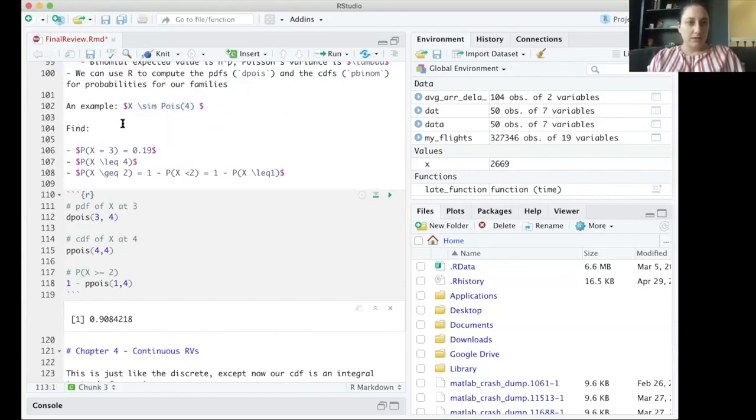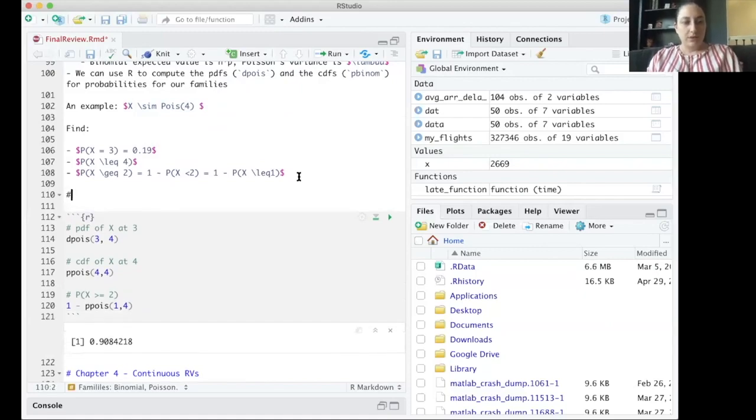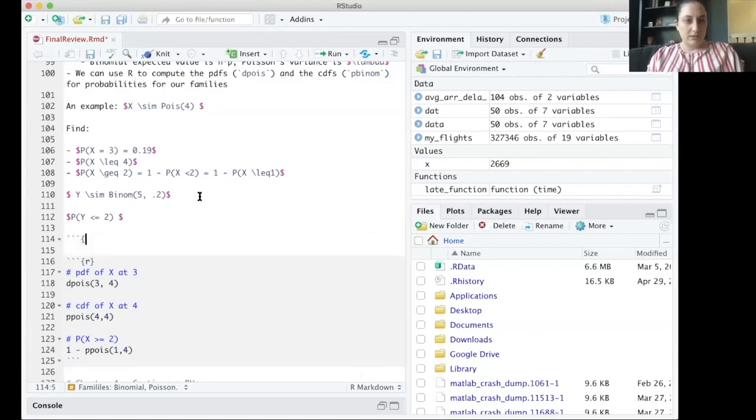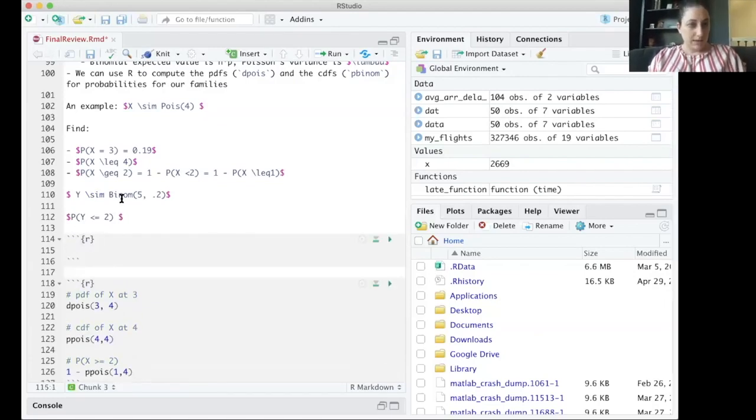Right, so this is just the example for Poisson. If you wanted, let's say we have another random variable Y that follows a binomial with n = 5 and p = 0.2. If I wanted to find the probability that Y is equal to 2, I would do it the exact same way, but instead of dpois, it's dbinom.